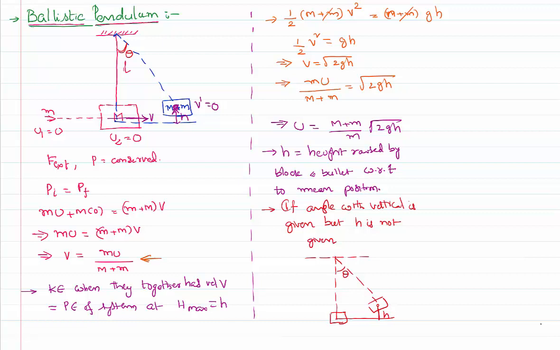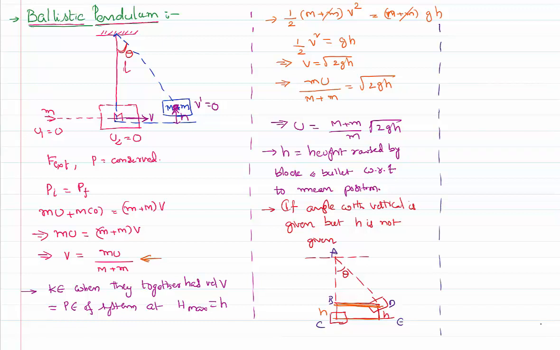In this process, there is an angle theta, and this value is also equal to theta. So let me name the points A, B, C, D, E. I want to express the h in terms of this theta.